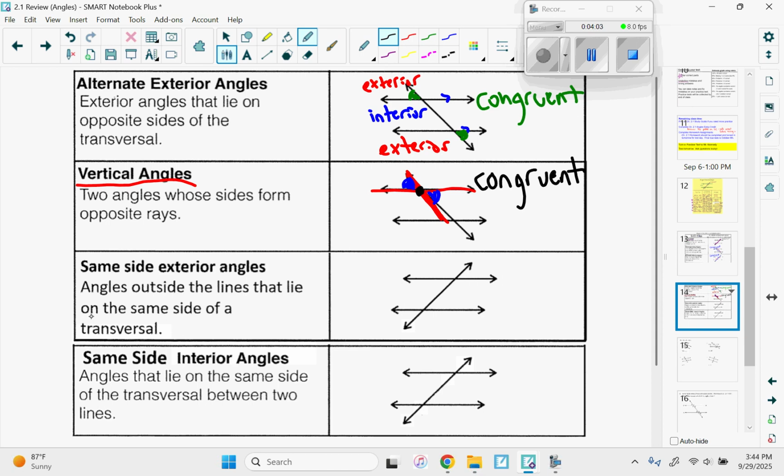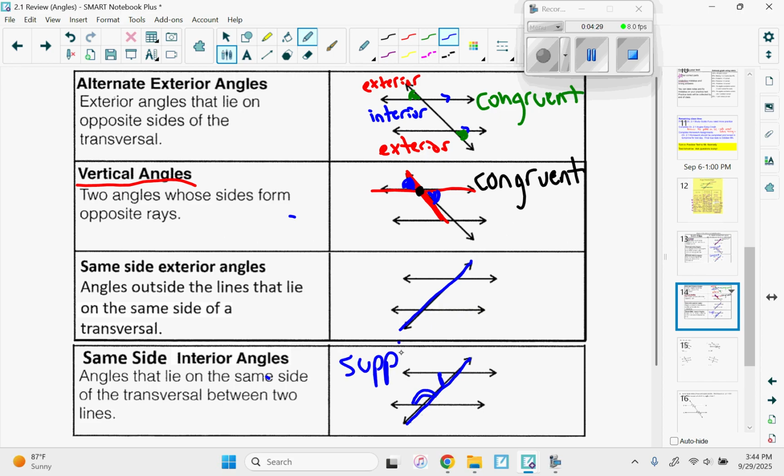Same side exterior and same side interior angles. What that means is, again, we're looking at our transversal, and when they're on the same side, so same side interior, that would be this angle and this angle. These two angles, you'll notice, are not the same because they need to add up to 180.